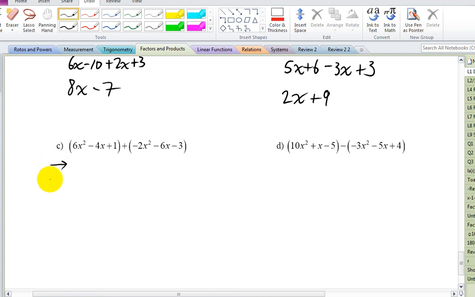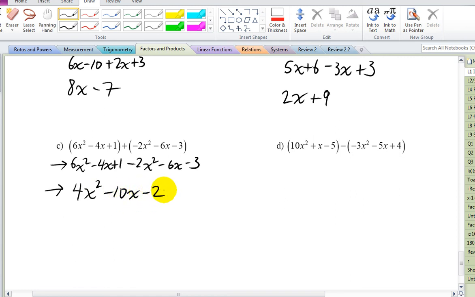So you should have two lines of work. Then for D, show 2 lines of work as well.